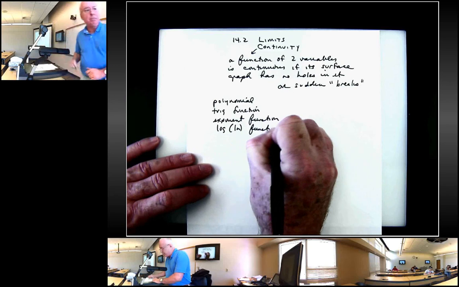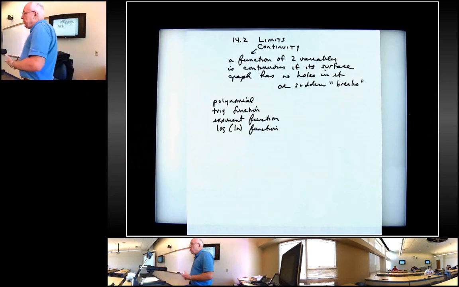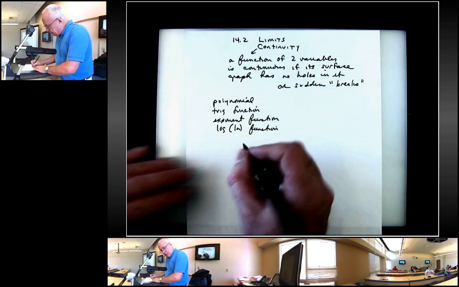These basic type of functions that we've been working with are continuous. So in two variables, we're going to have basically the same thing. So let me put this down here.